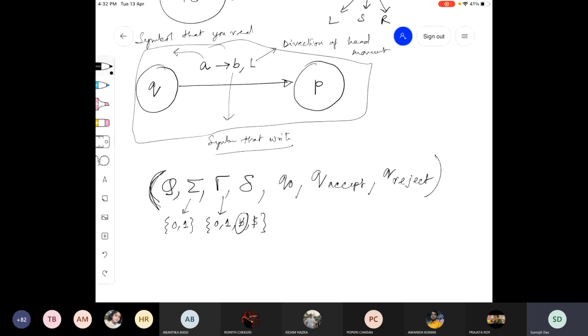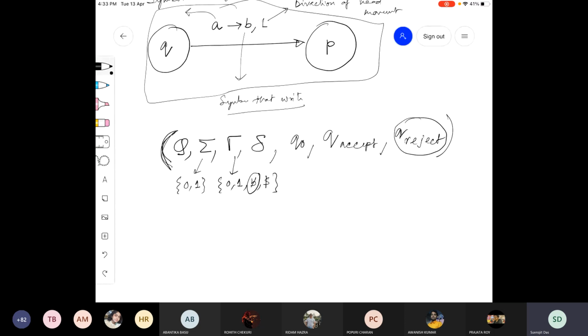Now, why I build a tuple with a reject state is just a theoretical model, but you can also have a model of Turing machine without this reject state. You can just say that okay, I have Q as a set of states, I have a set of input symbols, I have a set of tape symbols, I have a special symbol called blank.